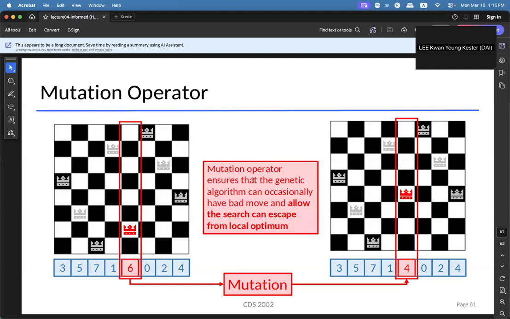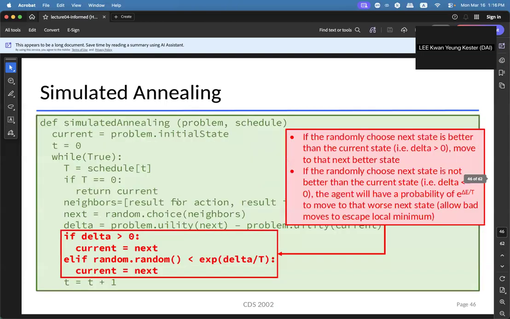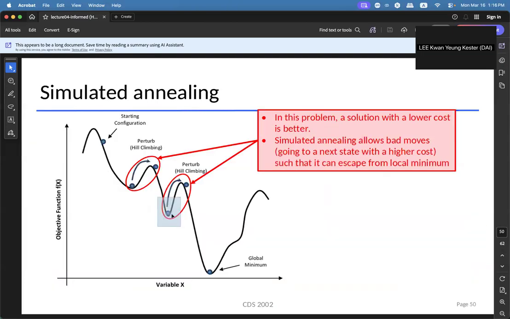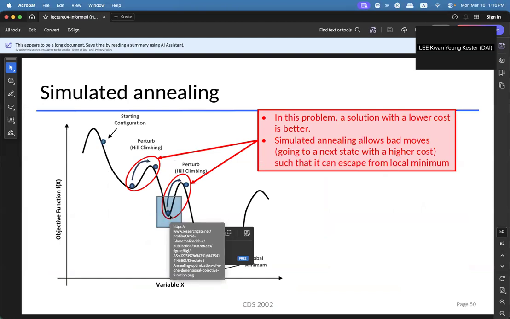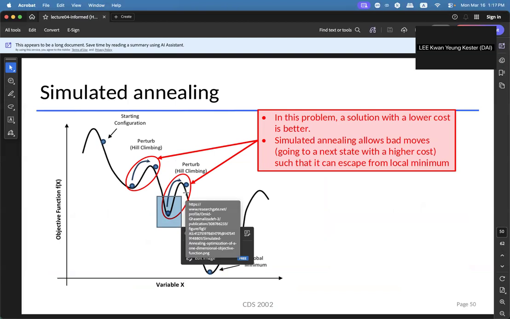For example, if you start right here, but you do a random mutation and then you jump right here, then you can properly move away from the local minimum.